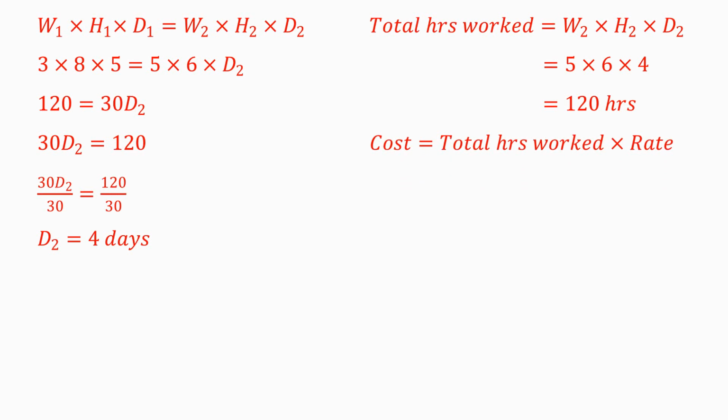So we need to find the total cost for hiring the 5 workers. So it is equal to 120 times 40, which is equal to 4,800 Kenya shillings. So it would cost 4,800 Kenya shillings to hire 5 workers working 6 hours a day to complete the same task.